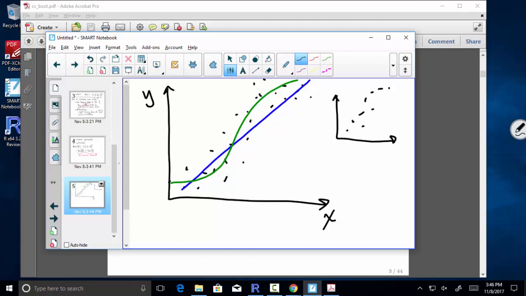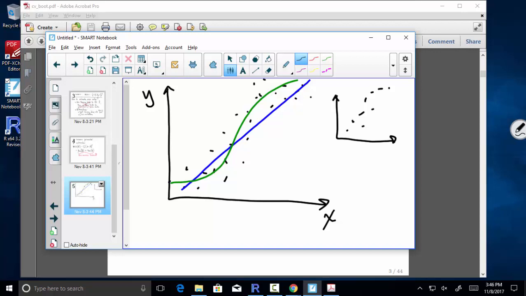The curvy one. The line is so simple, it won't be so affected by the dots moving around. Whereas the curve, if you move the points around, the curve is going to be more affected by where the points go.